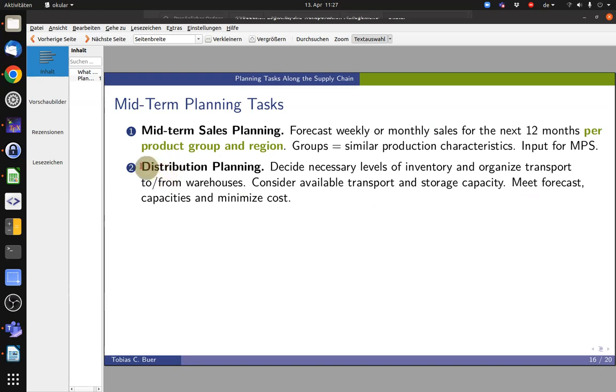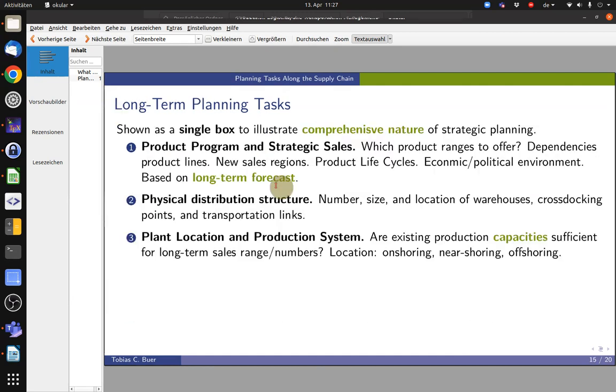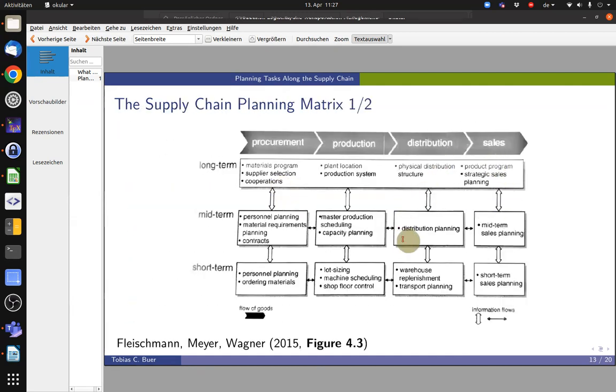We will go to the distribution planning. Now again, I show you where you find this in the matrix. We are on the midterm planning level, distribution. We are now discussing this module, distribution planning.